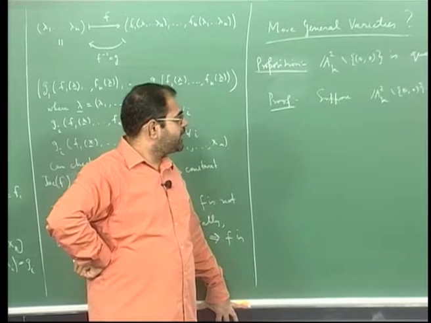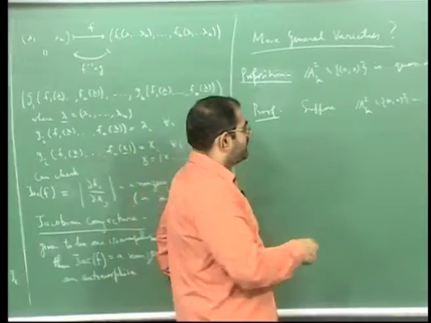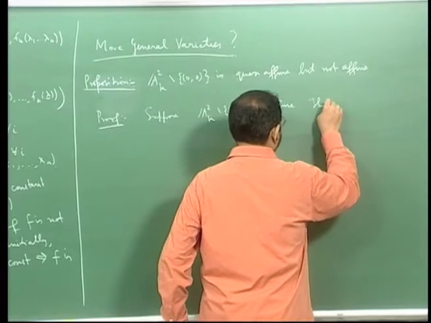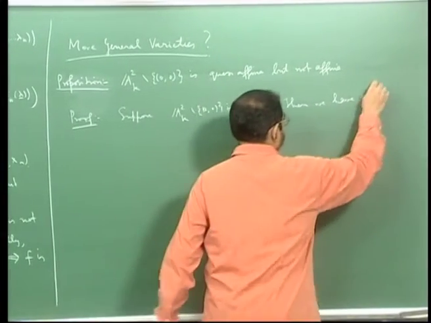See, if it is affine, then it has an affine coordinate ring. So then we have a bijection.